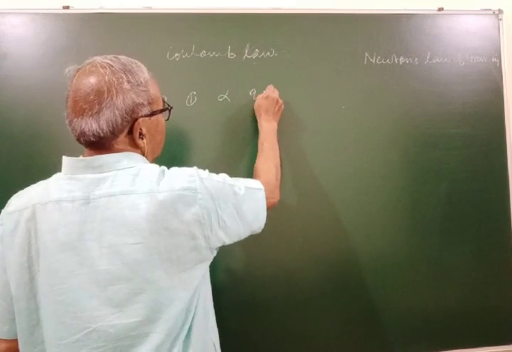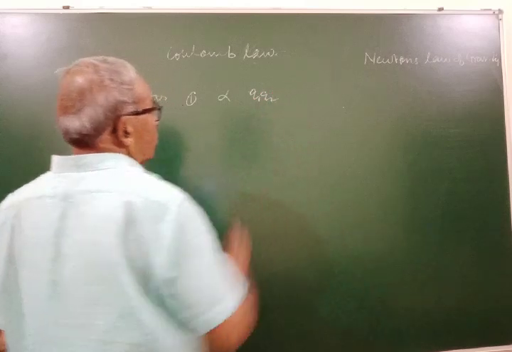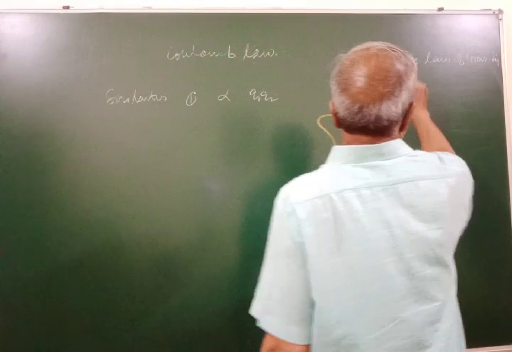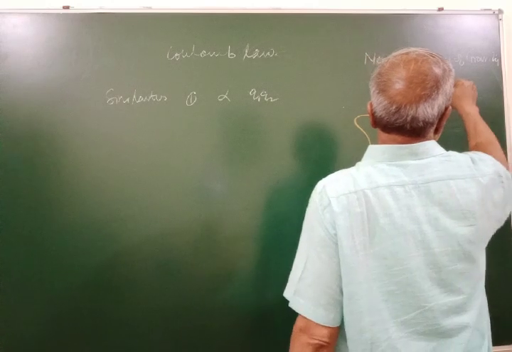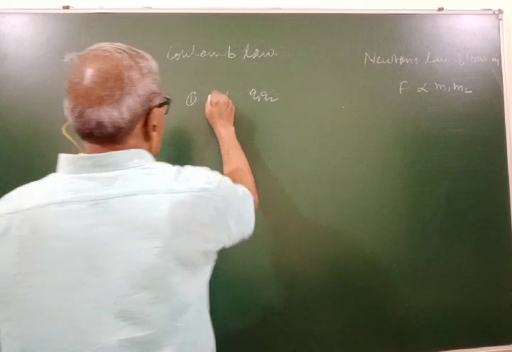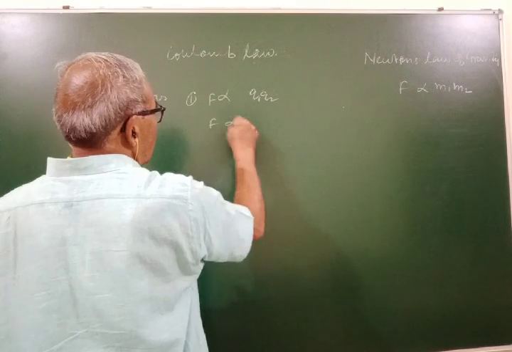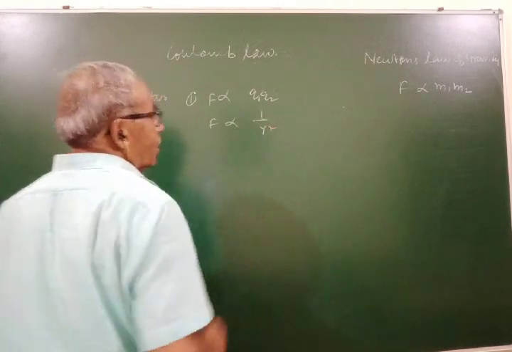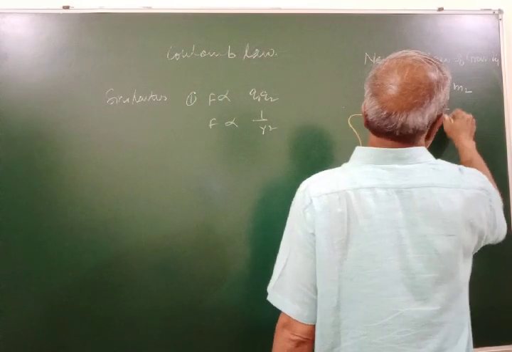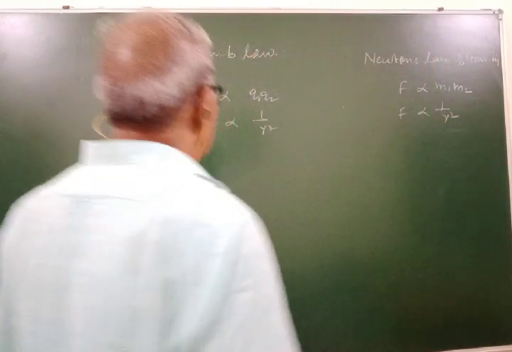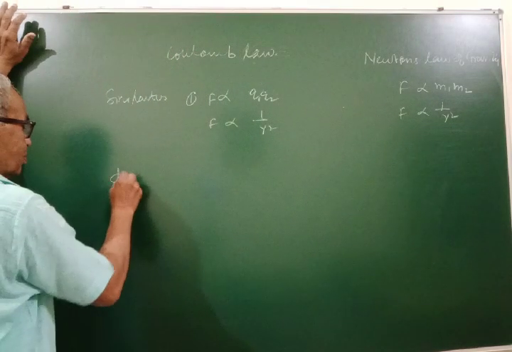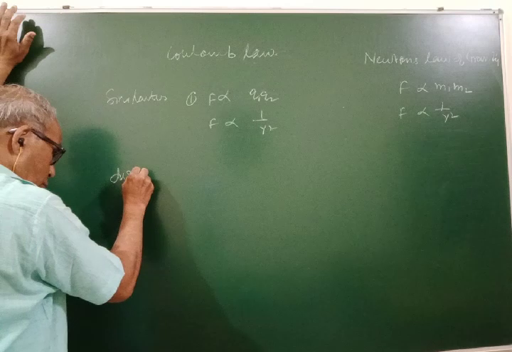Gravitational force is proportional to the product of masses. Both are inversely proportional to 1 upon r square. So these are two similarities, but what are the dissimilarities? Two dissimilarities.